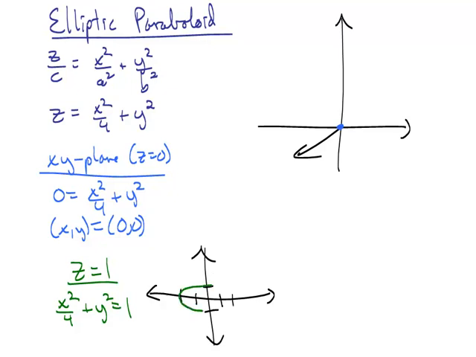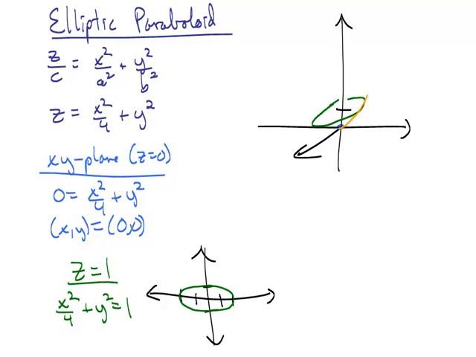So I have an ellipse that looks like this. That's going to be true only when z is equal to 1. Notice there's no solutions for negative z. So at z equals 1, I have this ellipse here that would look a little bit longer on the x, like so.